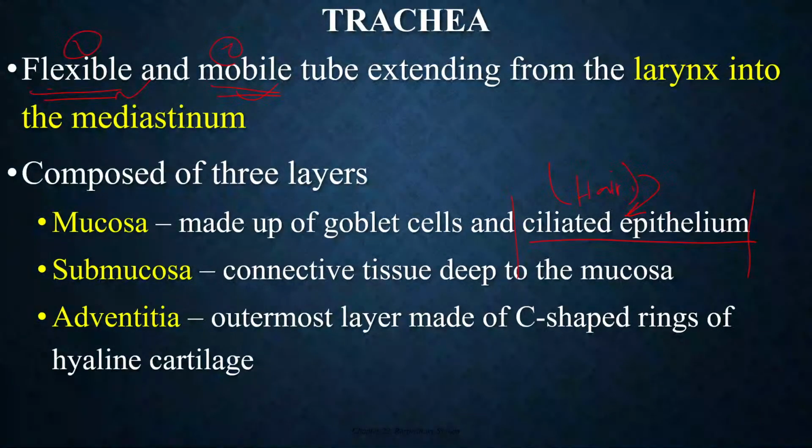So it has some mucus, which is secreted by the goblet cells, and the mucus is very essential. Why is the mucus very essential? Number one, the mucus has anti-infectious agents. The mucus has antibodies that help to fight infection.